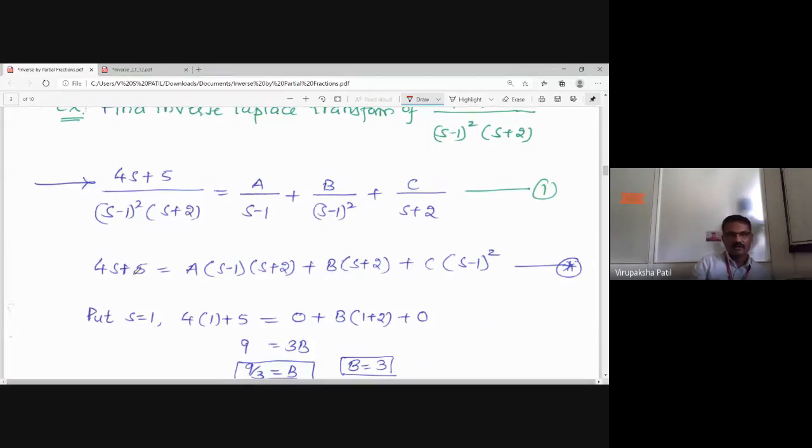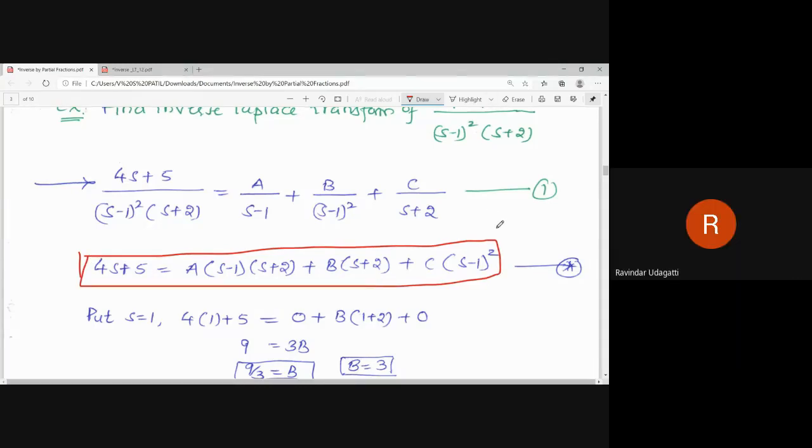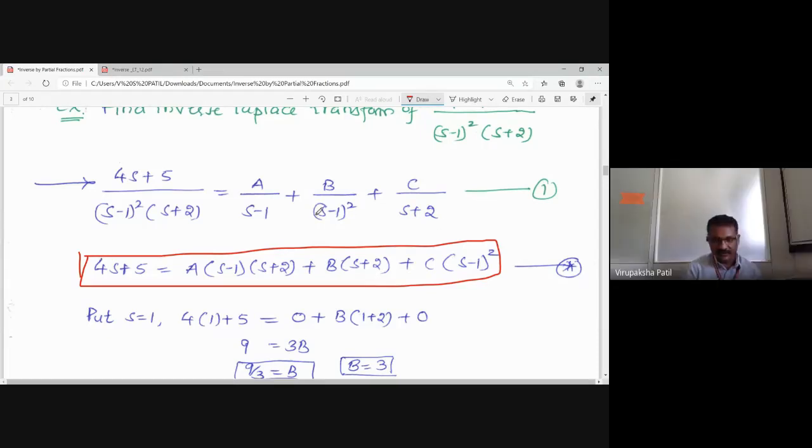Now again, what will I do? We have written this directly. How have we written this directly? Can anybody tell me quickly? Taking LCM. Okay. If you take the LCM here, you will get (s - 1) square into (s + 2).